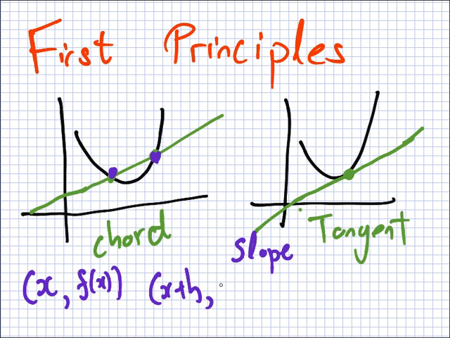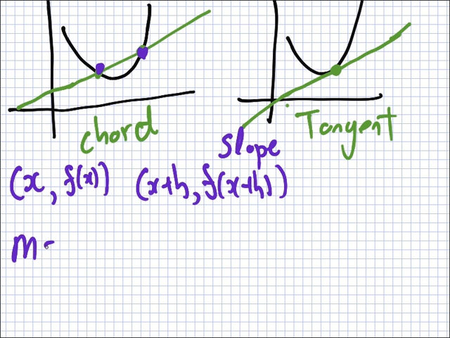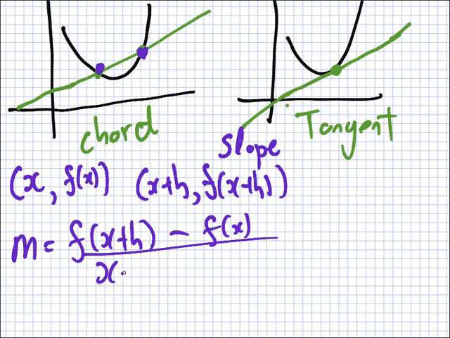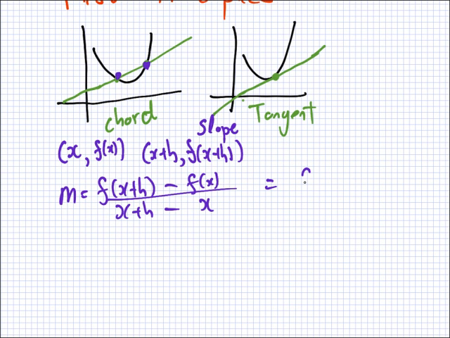And its height would be f(x plus h). So the m should be f(x plus h) minus f(x) over x plus h minus x, which is f(x plus h) minus f(x) over h.